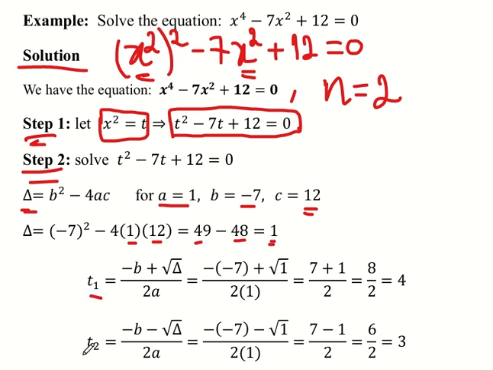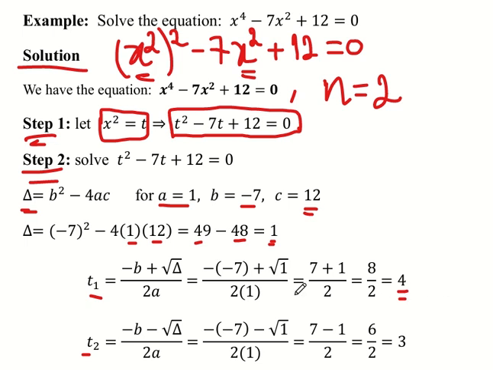Now t1 and t2. t1 equals minus b plus square root of delta, divided by 2a. So we plug in the values of b, delta, and a in this formula. t1 equals minus minus 7 plus square root of 1, divided by 2 times 1. This equals 7 plus 1, which is 8, divided by 2, which equals 4.